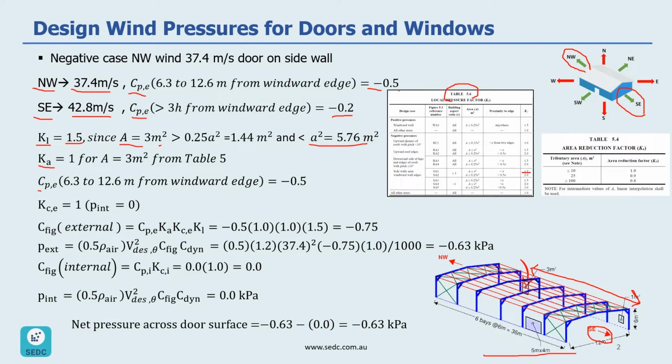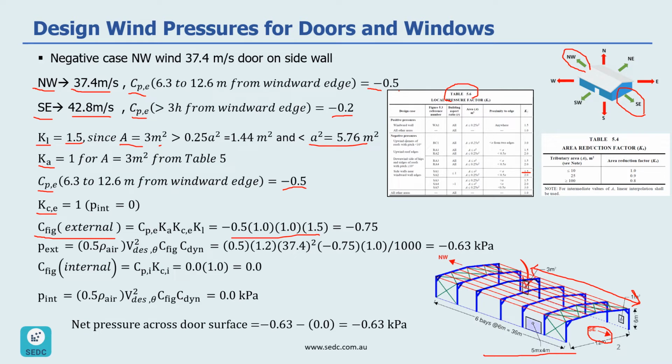And Cp, as mentioned, is negative 0.5. Kc would be 1 because our internal wind pressure is going to be 0. So we had two values of negative and 0, but because our external wind pressure is negative, in order to get the net pressure, we need to look at this 0 value for internal pressure. So let's calculate Cfig and external with all of these parameters that we already have.